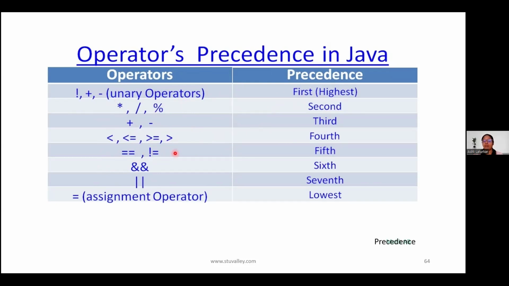Equal to, not equal to के लिए fifth precedence है. Logical and के लिए sixth है. And के बाद आपका logical or execute होता है, that is the seventh, and lowest will be given to the assignment operator. ठीक है, if everything is in one calculation statement, then we are going to execute in this sequence.